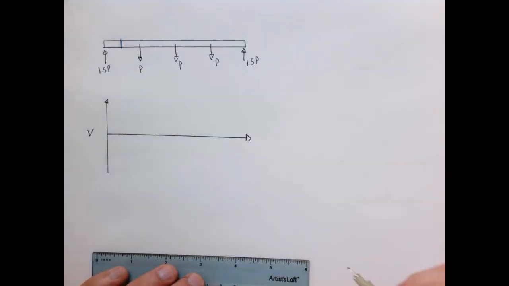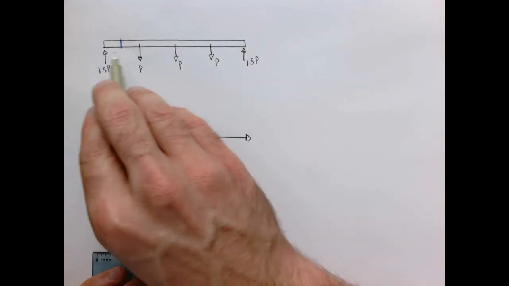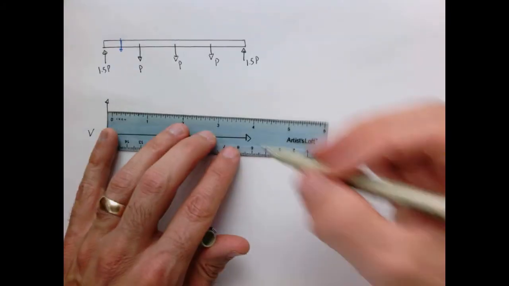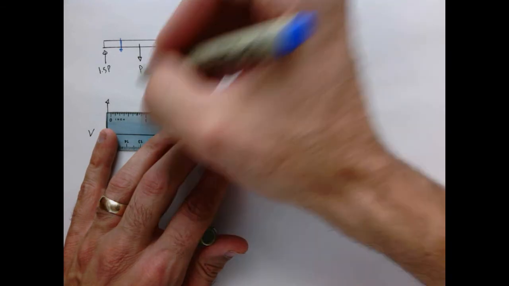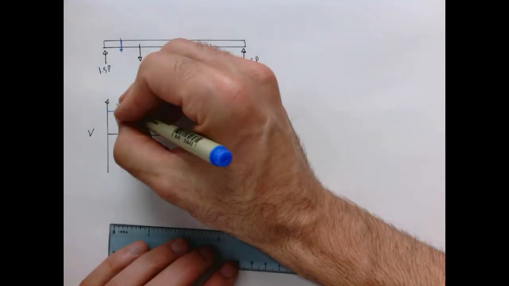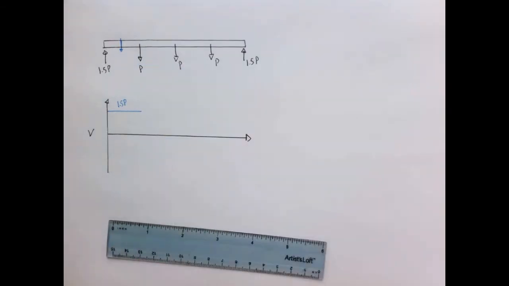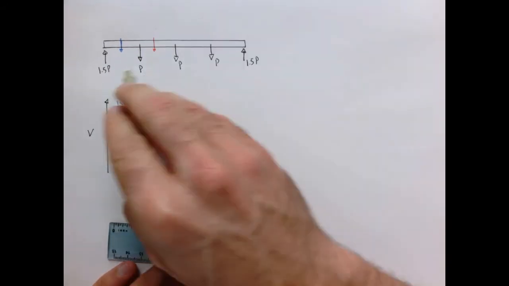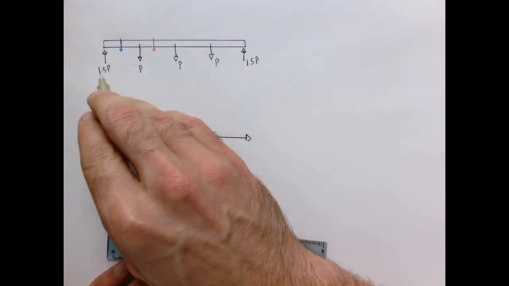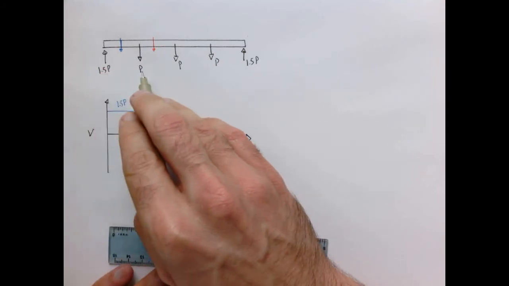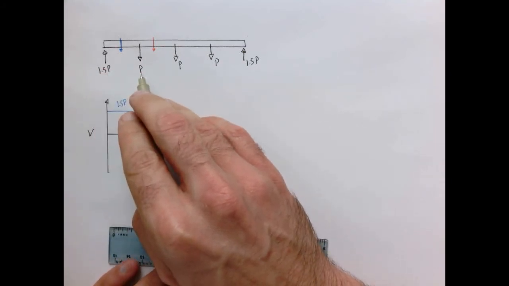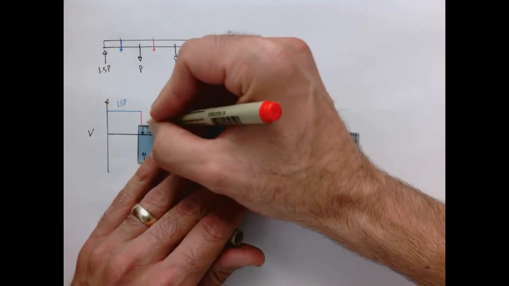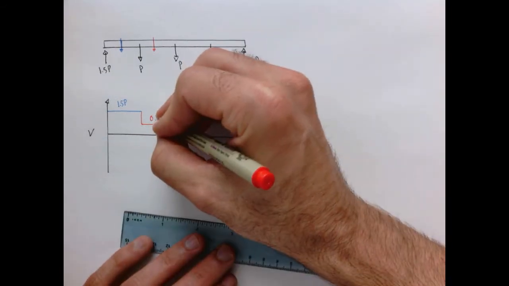If you imagine making any cut here, anywhere between here and here, it's pretty obvious that we have to have a downward shear force of 1.5 P. So up to this point here, we have 1.5 P. Once we cross this point here, now my free body diagram, sum of the forces in the vertical direction, I've got 1.5 up, I've got 1 unit down, so that means I've got 0.5 up that I need to counterbalance. So this drops down to something like that, and then we have 0.5 P.